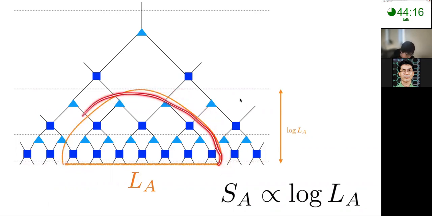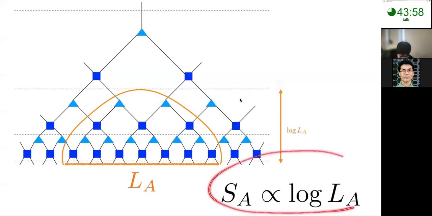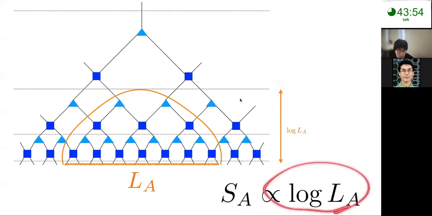This line is determined when we decompose our density matrix into two pieces, subsystem A and its complement. The number of unitary transformations is roughly estimated as the depth of this layer, which scales with log L_A. As you know, entanglement entropy for such a vacuum in CFT is proportional to the log of the subsystem size, if we consider a 1+1 dimensional CFT.